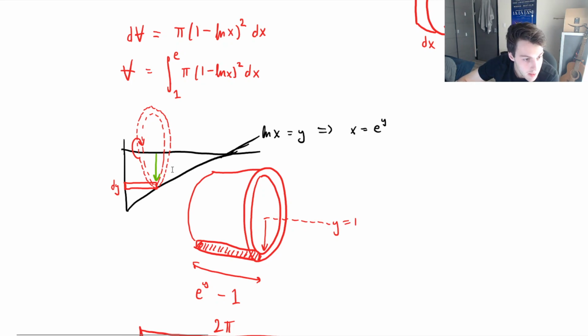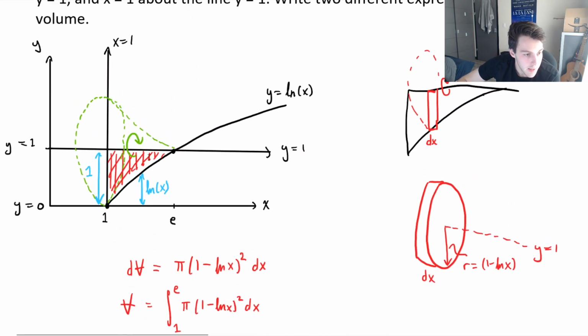The radius in this case starts at y equals 1, so it should be 1 minus y. Whatever the y is, it doesn't matter because we're working with respect to y in this integral. So it is 1 minus y. So this is 2 pi times 1 minus y. Great.